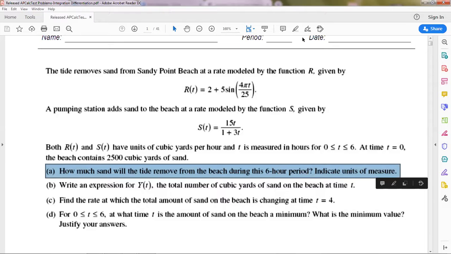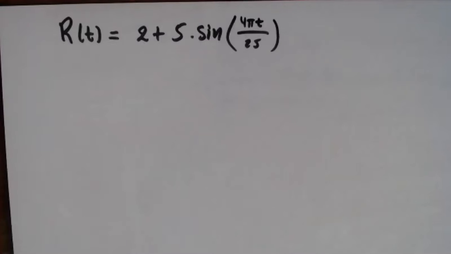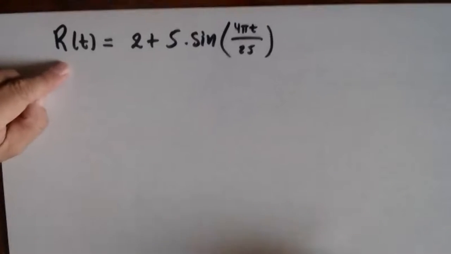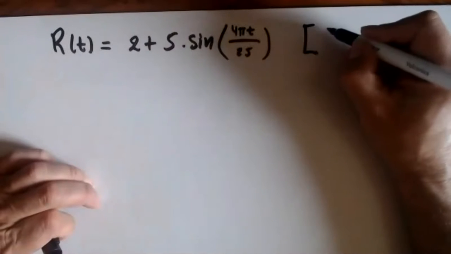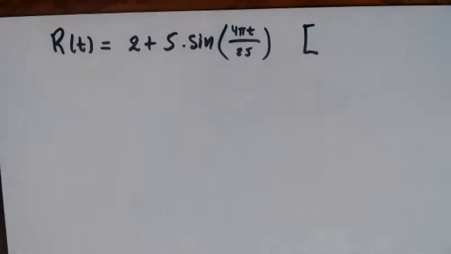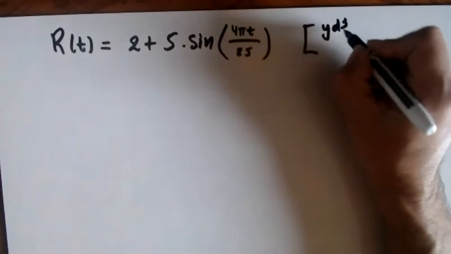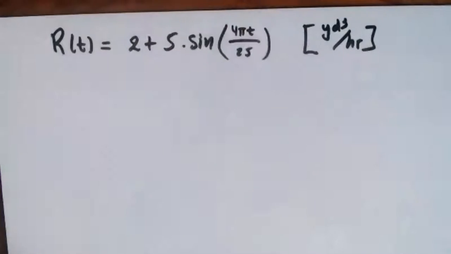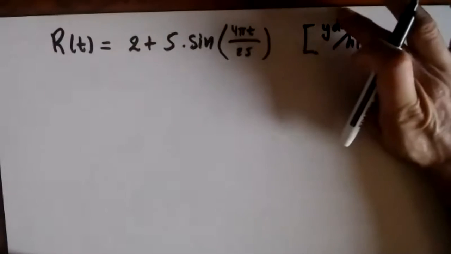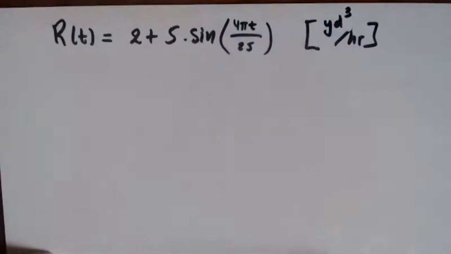So I'm going to stop sharing, and here is the function, correct? So the units are cubic yards per hour. Let me just find what I need, integration differentiation right here. Okay, so those are the units, cubic yards per hour, correct?